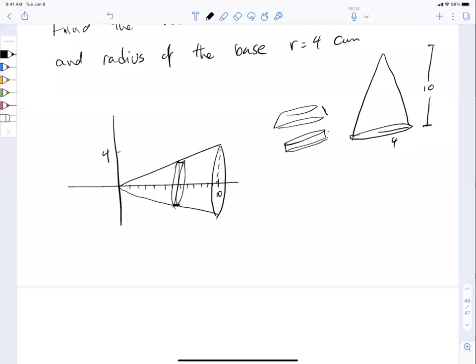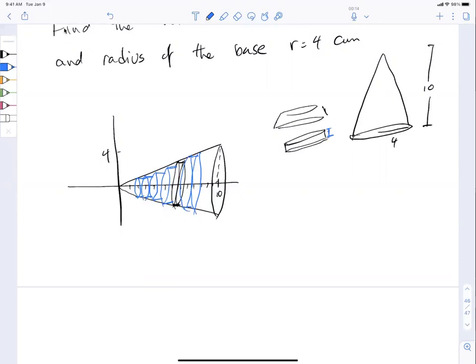I'm going to create these with the partition I've been given, and they stack up on top of each other and get the shape. You get the idea, right? That's not exactly the cone, but you know the trick. We're first going to approximate the volume of the cone using the volumes of those disks, and then take the limit as the number of disks goes to infinity, or the thickness, in this case the height of the disks, goes to 0.